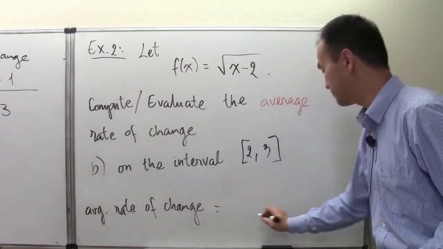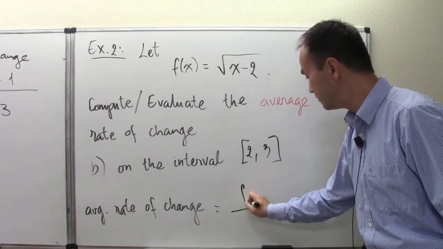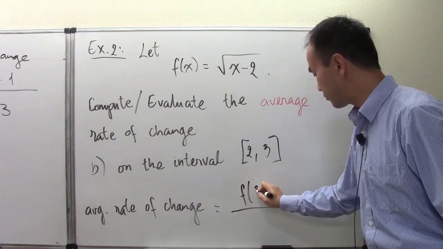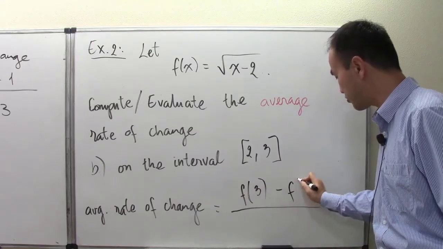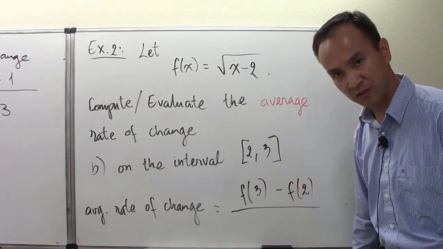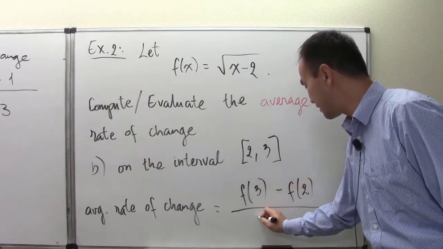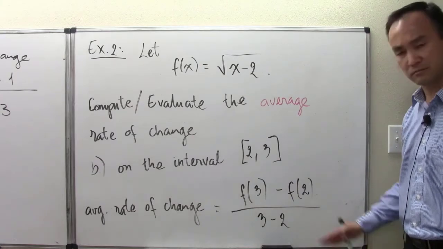equals, okay, so once again, the formal setup right now: f of 3, the final function's output, minus the initial function's output, meaning f of 2, f at the initial input. And then 3 minus 2. That's the setup. From now on, really nail it down.